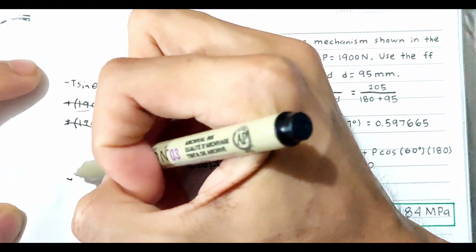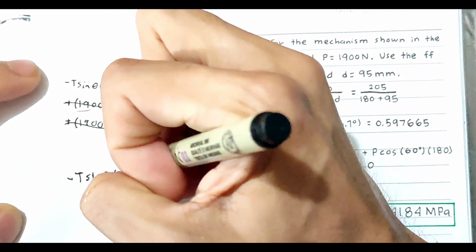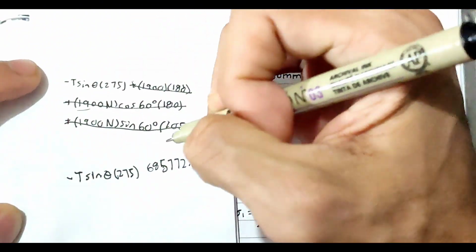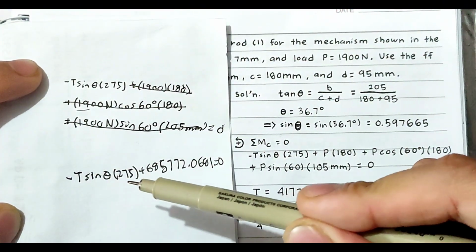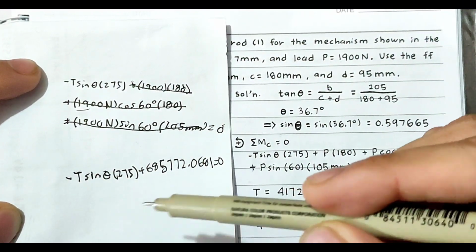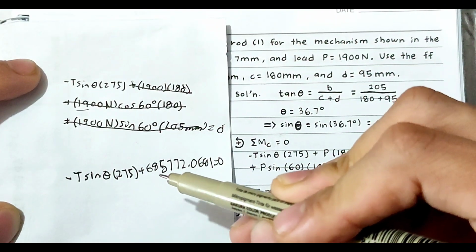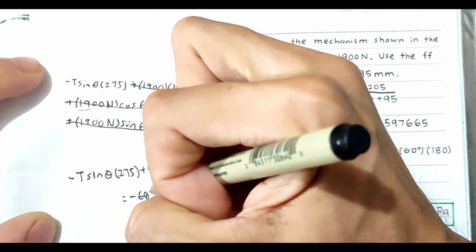So we are left with negative T sine theta times 275. Excuse me for my writing. And this one will be our new equation. Now we transpose this one to the other side, which will make it negative.